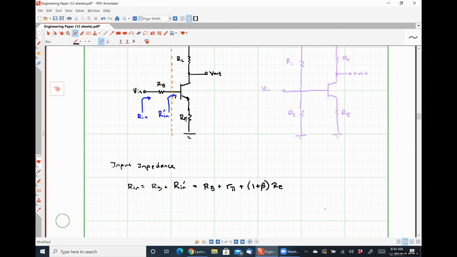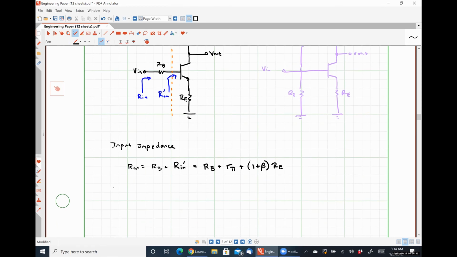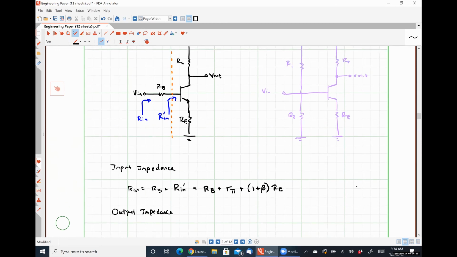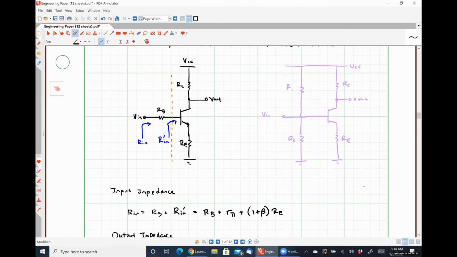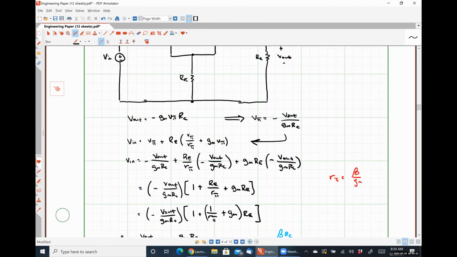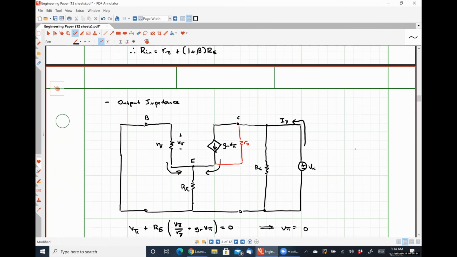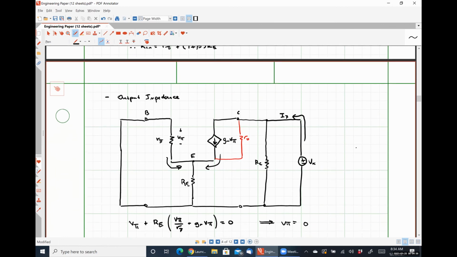How is our output impedance going to behave? I'm going to scroll up here and we're going to revisit our drawing for output impedance when we didn't have that base resistor in, okay?